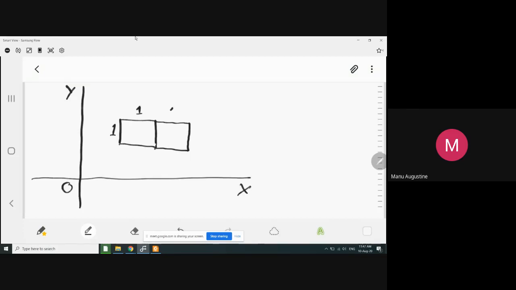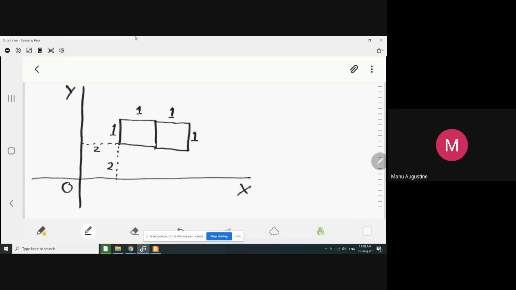So this is also 1 meter by 1 meter. This is at a distance of, let us say, 2 meters, and this corner is at a distance of, again, say 2 meters.